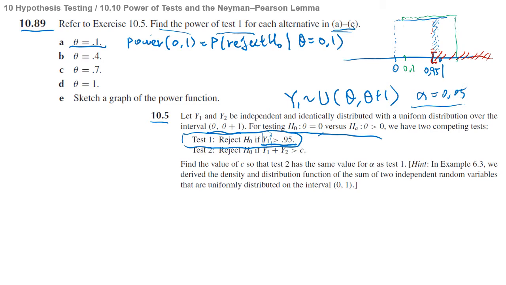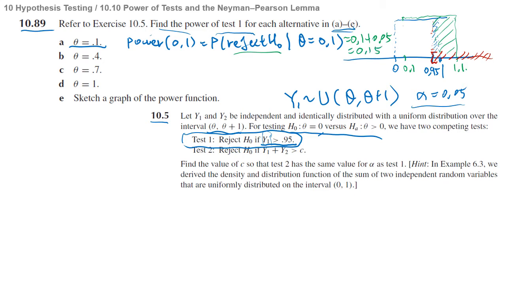So rejecting H0, the probability would be the area here, and that would be 0.1 plus 0.05. So this is 0.15.